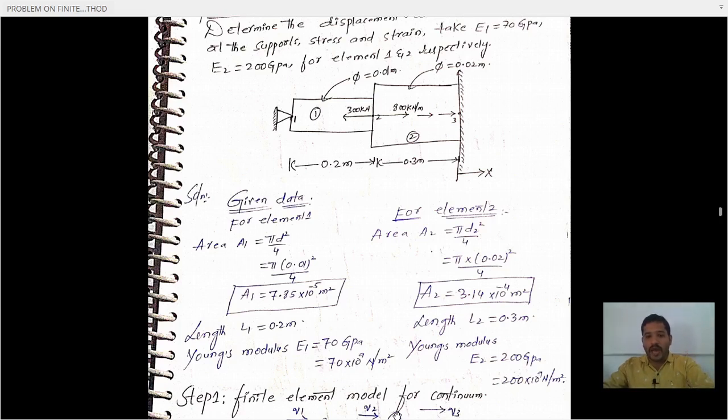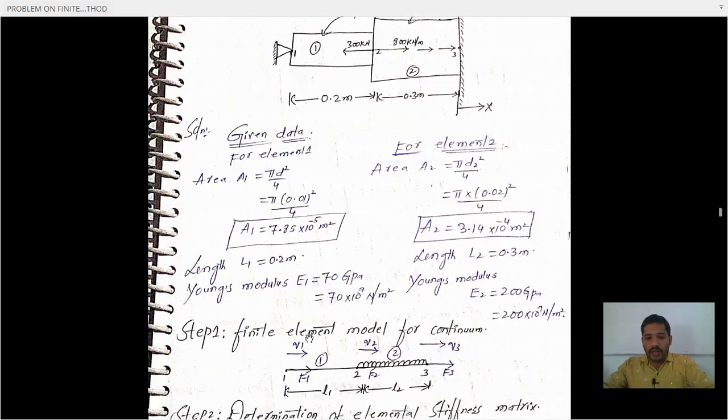So first of all we have to draw this whole body as a continuum. Let us see this figure. This is the first node, this is the second node and this is the third node. Joining the first node to the second node forms element 1.